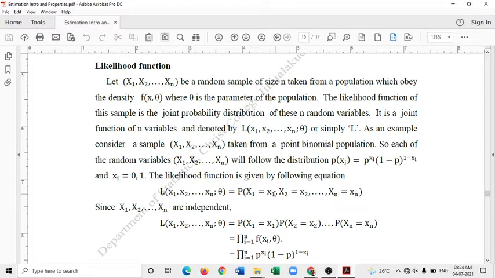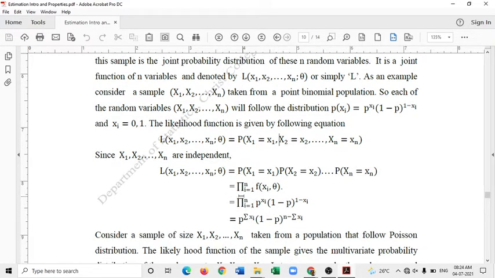Therefore, to obtain a joint probability distribution when the variables are independent, we can take it as the product of the individual probability distributions. That's why in the next step we have the individual probabilities, X1 equal to x1, X2 equal to x2, etc., Xn equal to xn.